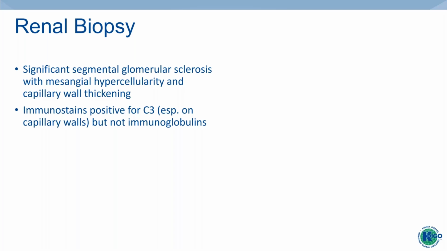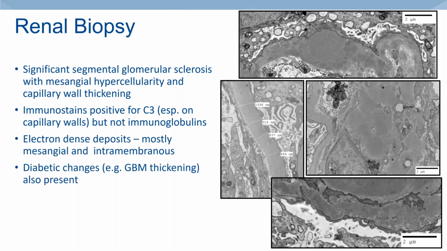Immunostains were positive for C3, especially on capillary walls, but not for immunoglobulins. I don't have the images of the light microscopy, but the electron microscopy is shown here, where there are electron-dense deposits, mostly in the mesangial and intramembranous glomerular basement membrane, but there were some subepithelial and subendothelial humps as well. She also had evidence of diabetic changes, particularly with GBM thickening.